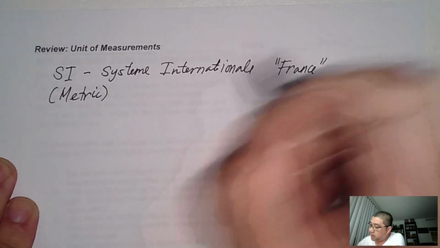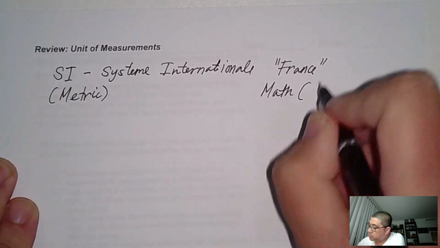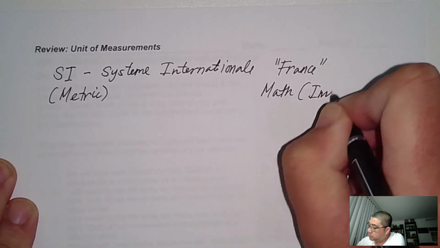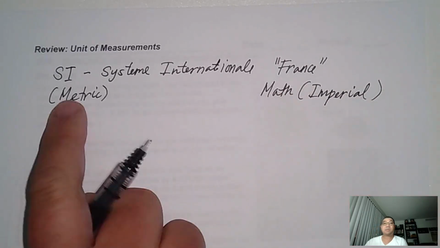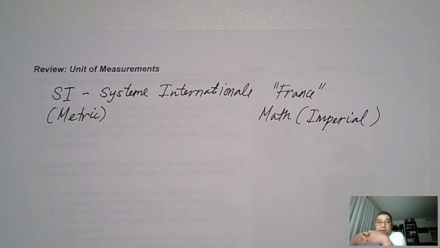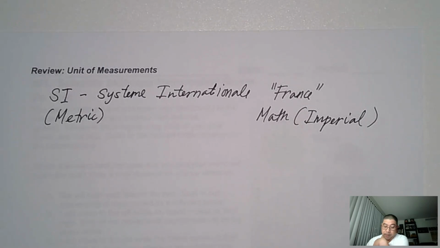While in math class, let's write it down, math uses what we call the imperial system. SI against IS, imperial system, which uses English units. In math class, you use inches, feet, yards, while in science classes, we use centimeters, millimeters, and meters.